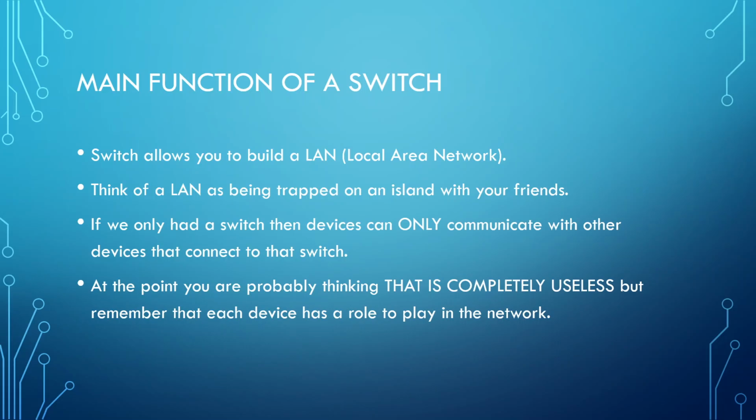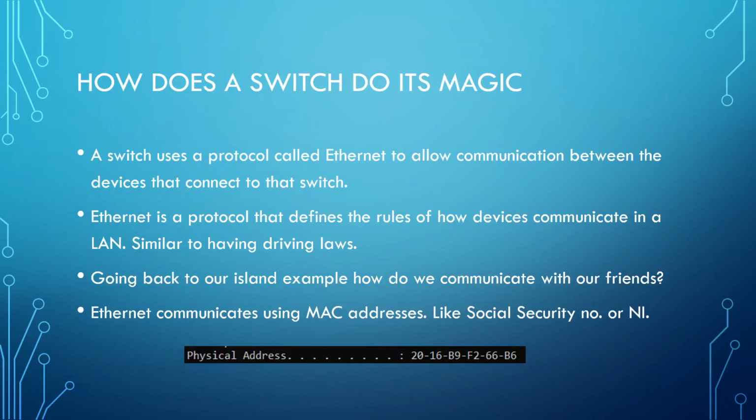In this case, a switch's function is just to provide local connectivity, allowing you to plug devices into that switch, and then you can only communicate with devices which plug into that same switch, so physically connected to that switch.